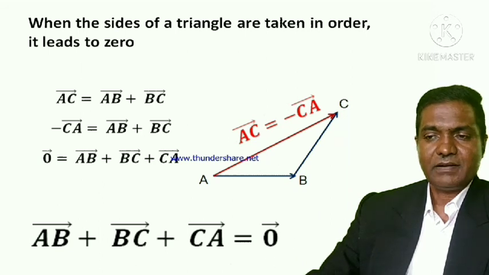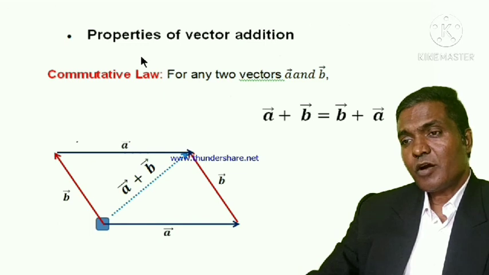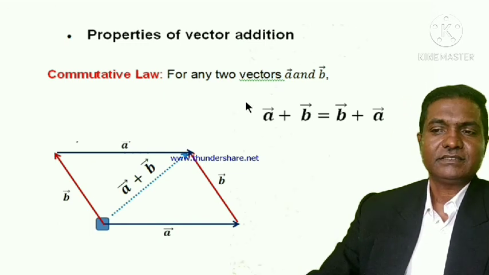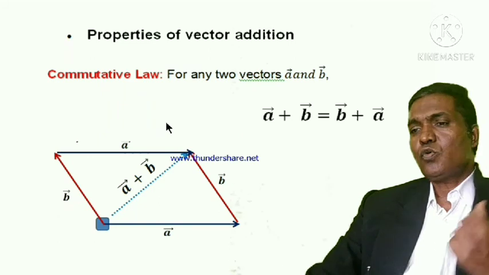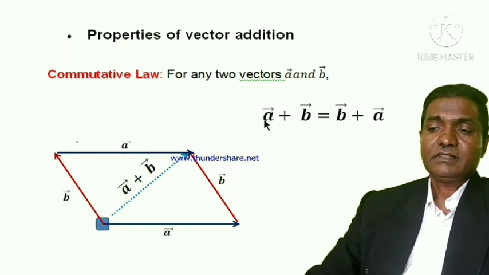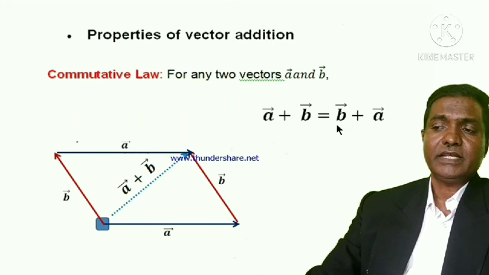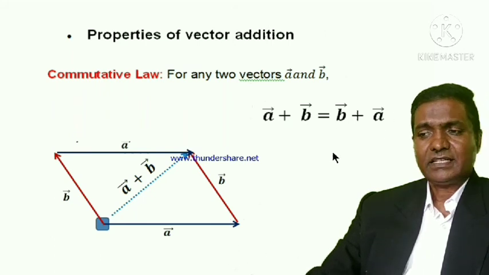Okay, let's move on. Now, properties of vector addition. Vector addition follows the commutative rule, that is, the sum of A and B is equal to the sum of vector B and vector A. That is quite natural.